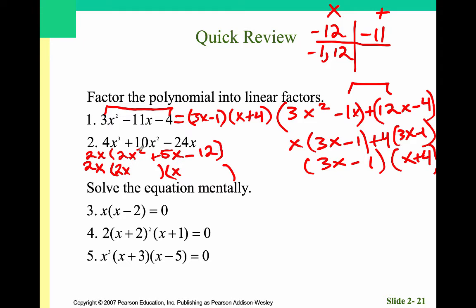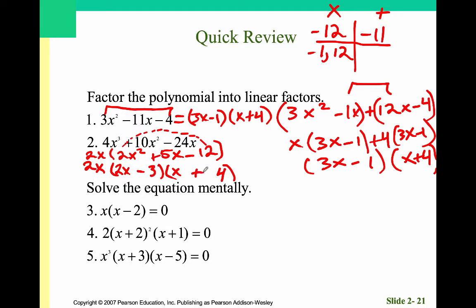And then I'm really looking for, you can use the same tools and think to yourself, negative 24 for positive 5. Well, negative 24 for positive 5 is a positive 8 and a negative 3. So I can make positive 8 and negative 3.